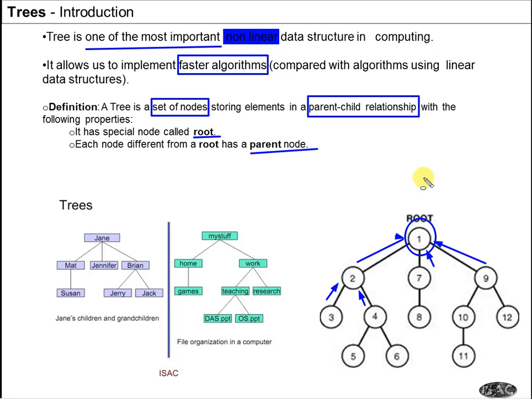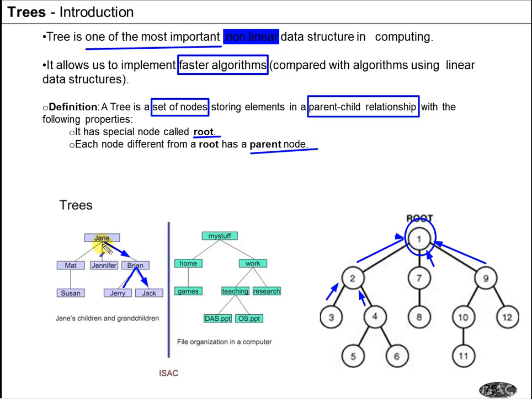Here there are a lot of example scenarios where we might need a tree kind of data structure to explain something, like family history. Jane has these kids, Matt, Jennifer and Brian. Brian has these kids, Jerry and Jack.